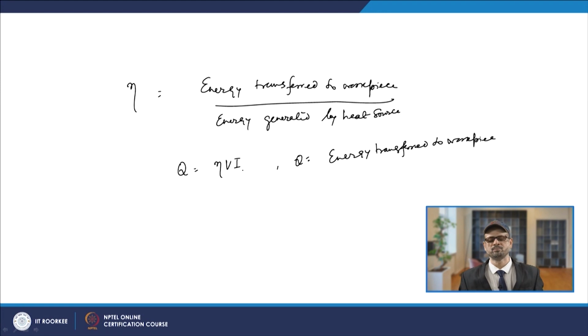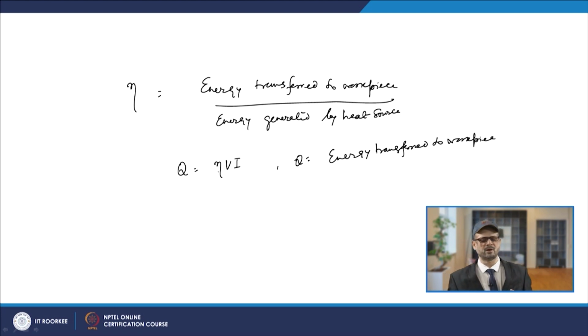So that is your energy generated by the heat source, and Q is the energy which is transferred to the workpiece. The ratio of Q to V i is defined as the efficiency of the heat source.